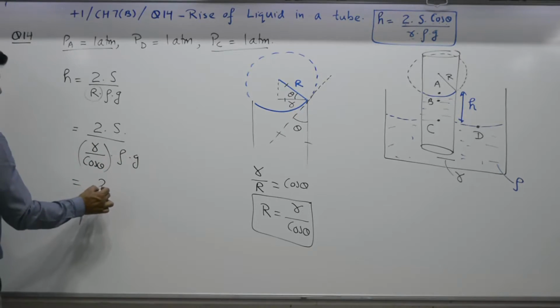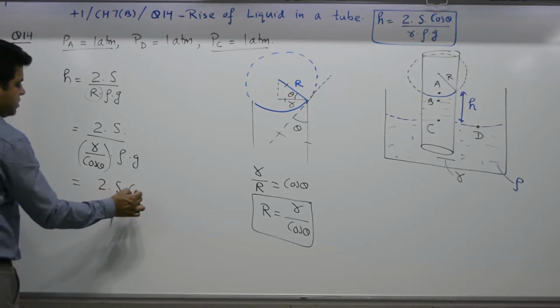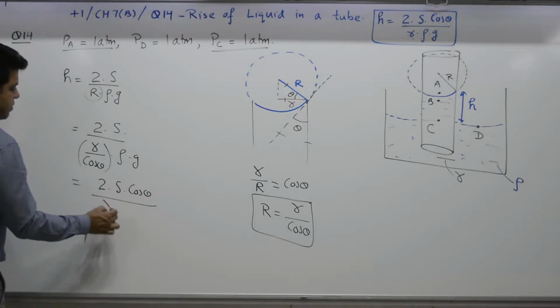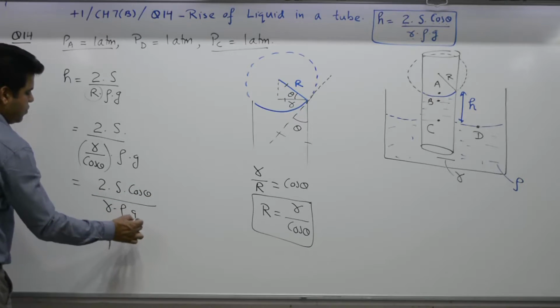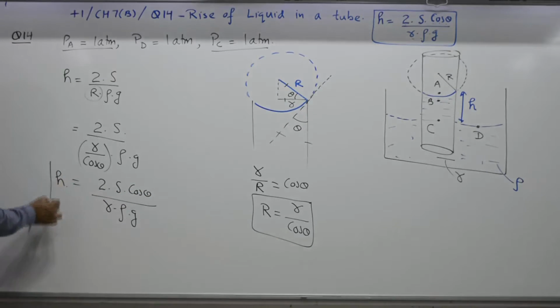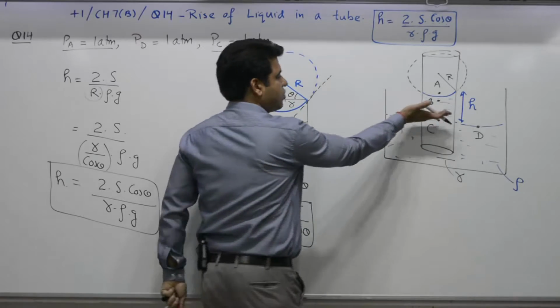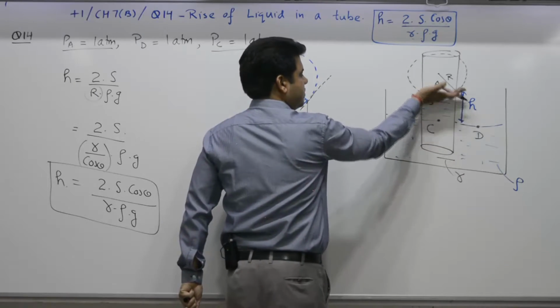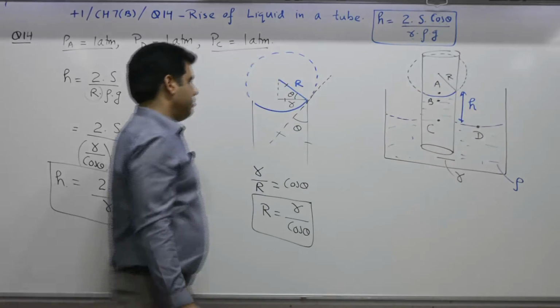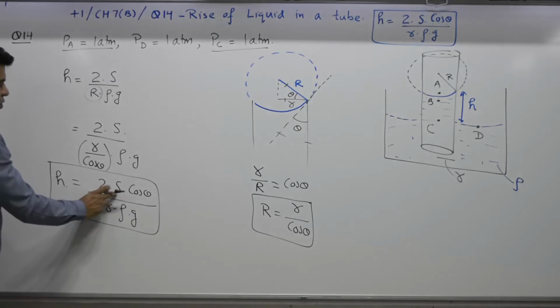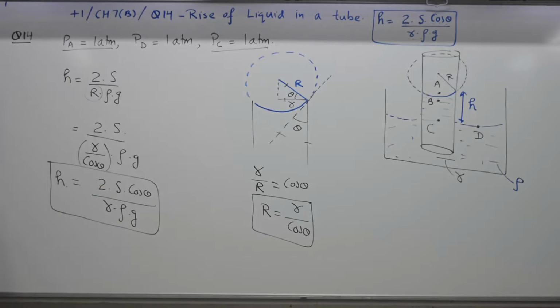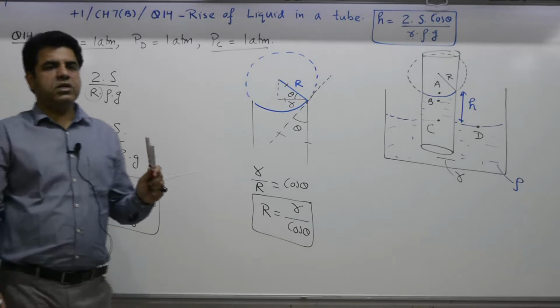So what you get is 2S cos theta by r rho g. So the height of this liquid will rise above the surrounding level. Formula is h = 2S cos theta by r rho g. Time with you is 2 minutes to write the same.